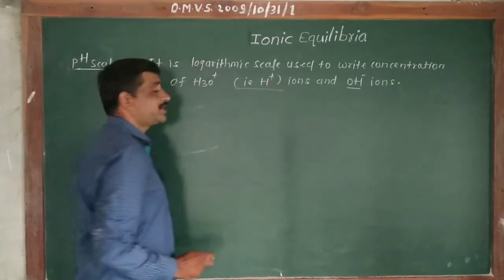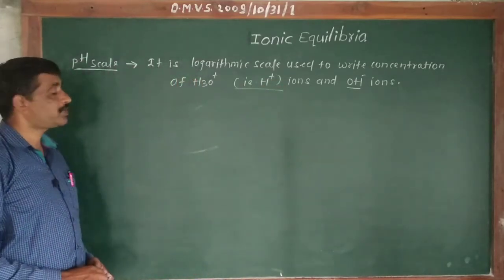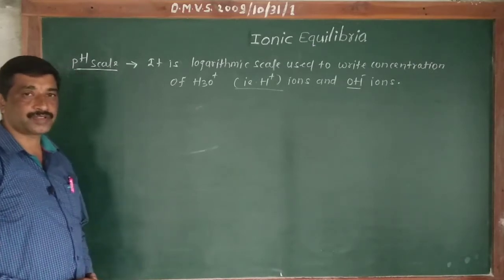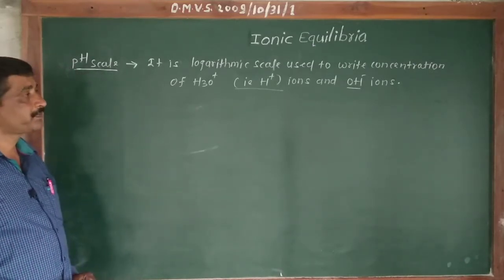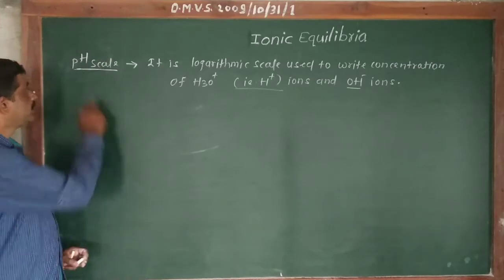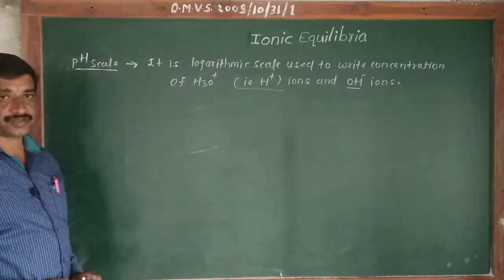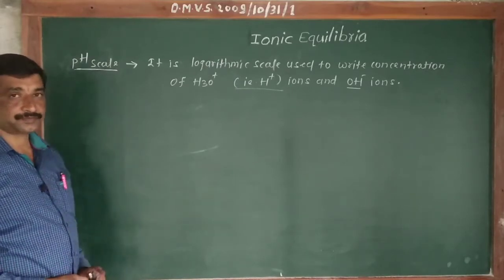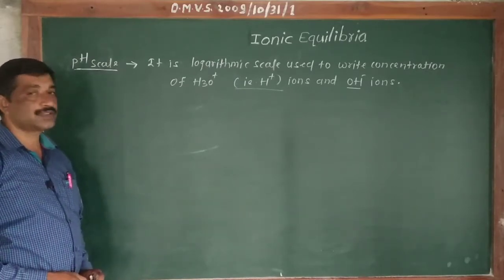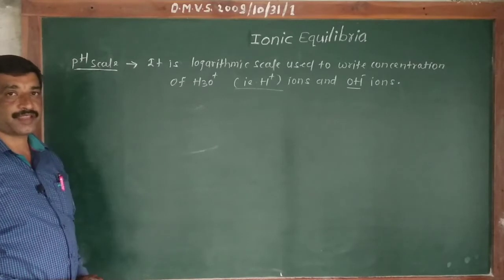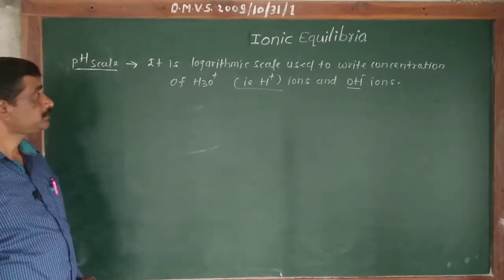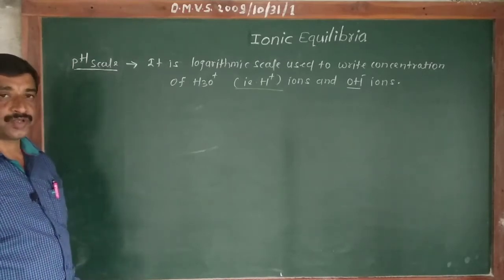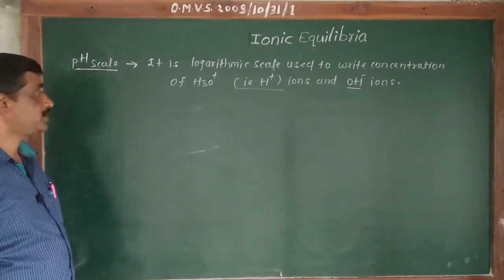This logarithmic scale used for representation of concentration of hydronium ion or hydrogen ion and hydroxyl ion, that is OH minus ion, is known as the pH scale. So from this pH scale we can represent the concentration of H plus ions present in the solution, as well as the concentration of OH minus ions in the solution.